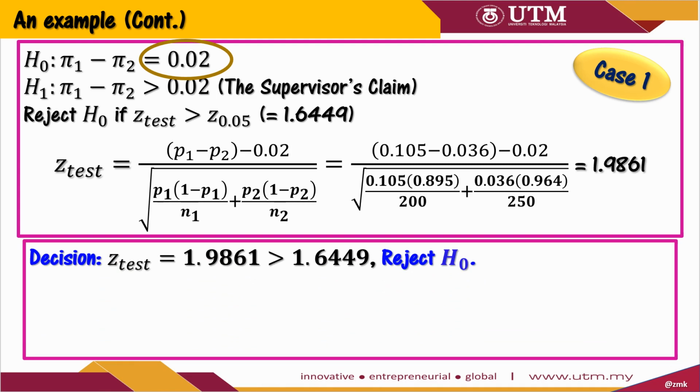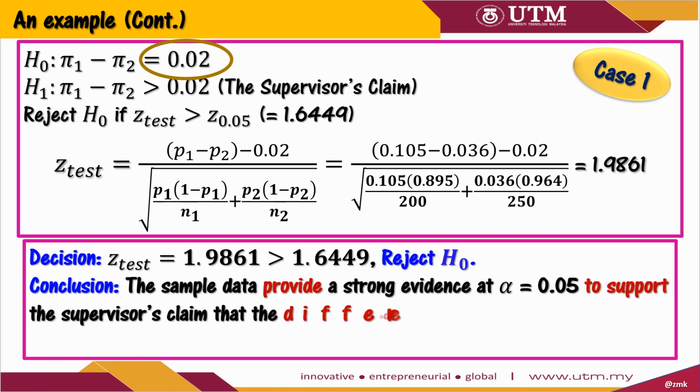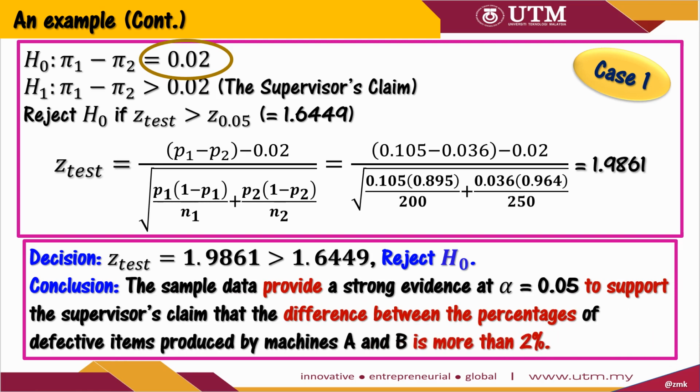Hence, we can decide to reject the null hypothesis H0 in favor of the alternative hypothesis H1 and conclude that the sample data provide strong evidence at the level of significance alpha equal to 0.05 to support the supervisor's claim that the difference between the percentages of defective items produced by machine A and machine B is more than 0.02 or 2%.